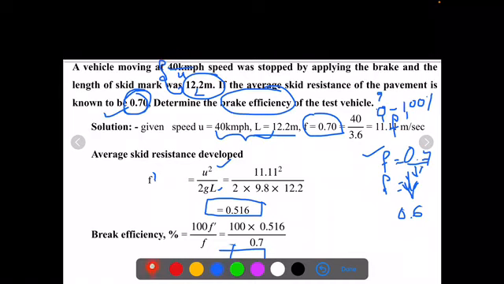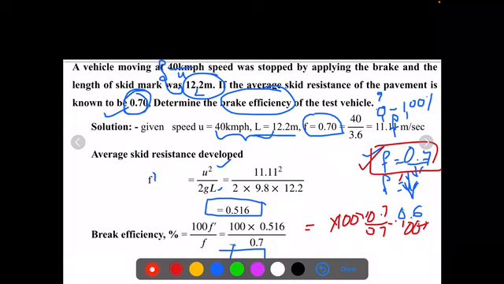Now if you have the friction of 0.7, you can see the brake efficiency will be 100%. If the design value and the actual developed value are the same, you will get the brake efficiency of 100%. But in actual condition, this may not be true. The friction value will always be a little less than the designed value.